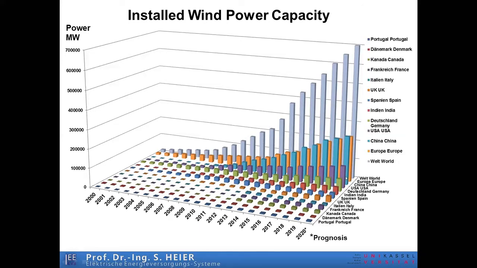China 255, and Europe about 240 gigawatt. Worldwide, we will achieve by the end of the year about 700 gigawatt. In relation to other installed power, in Europe, in USA, and in China, we have about 1,000 gigawatt installed electrical power. This is the size. China is coming up more and more.